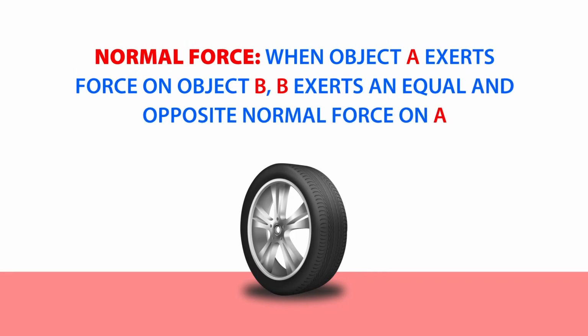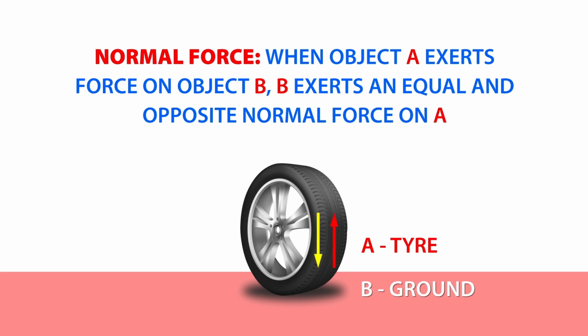When object A, here in this case the tire, exerts force on object B, then object B exerts an equal and opposite normal force on A. So normal, as the word goes, is perpendicular. As I said, when object A exerts force on object B, this yellow arrow, then B exerts an equal and opposite normal force on A.